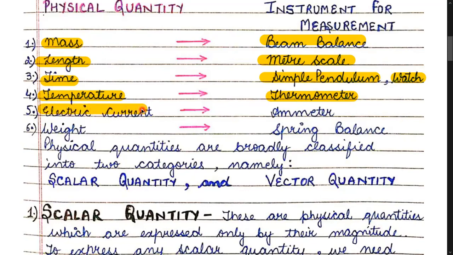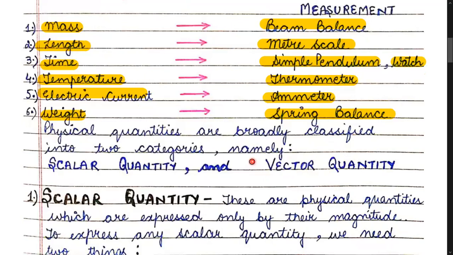Electric current is measured using a device known as an ammeter. Weight is measured using a spring balance.